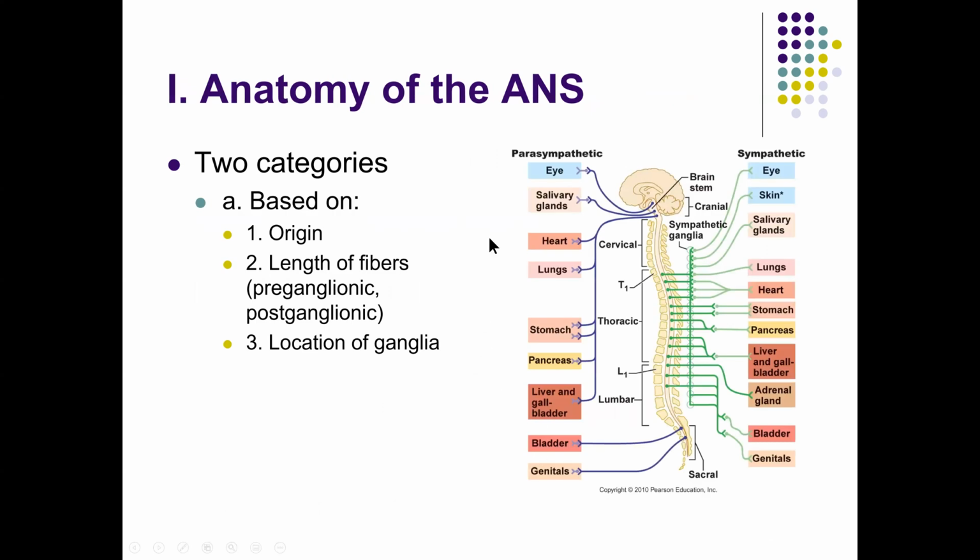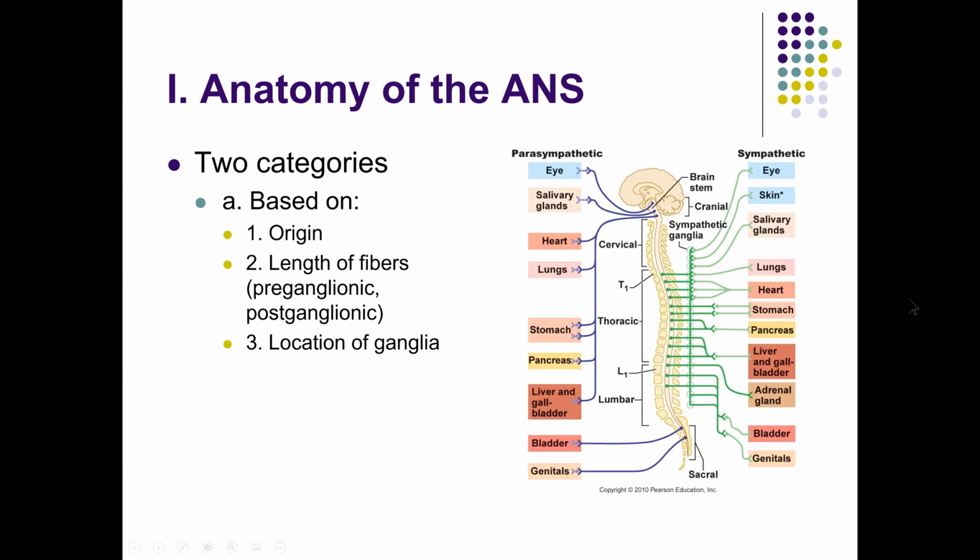The anatomy of the autonomic nervous system: the sympathetic portion is primarily from T1 to L2.